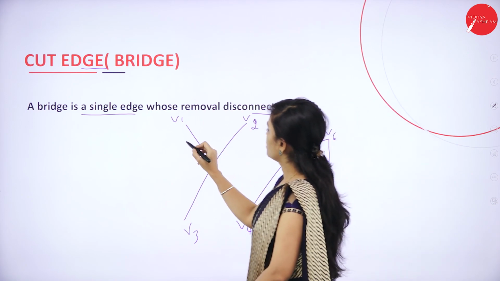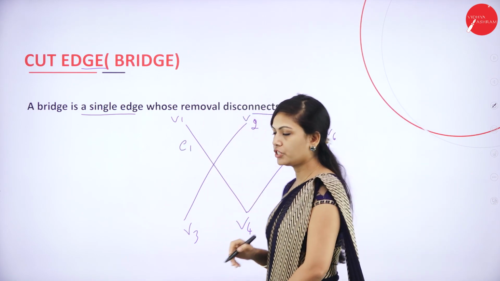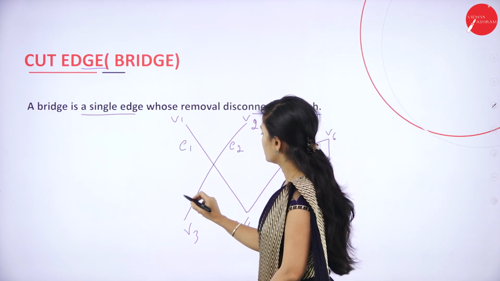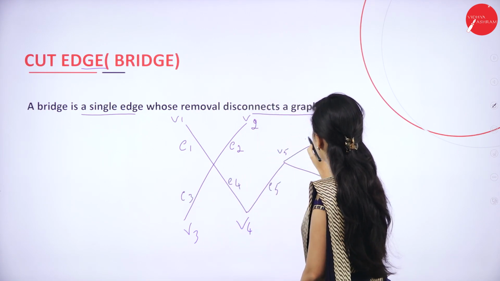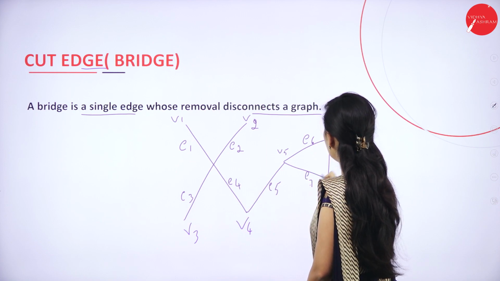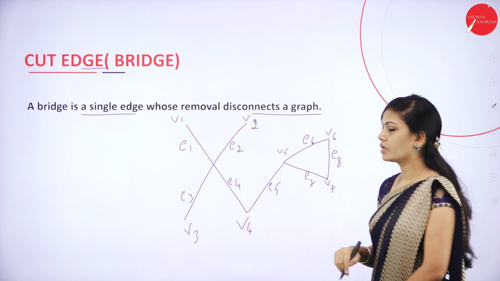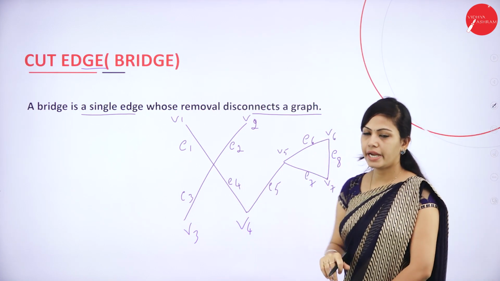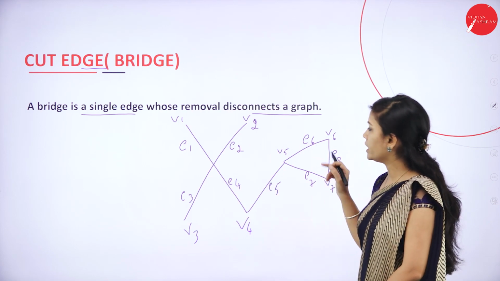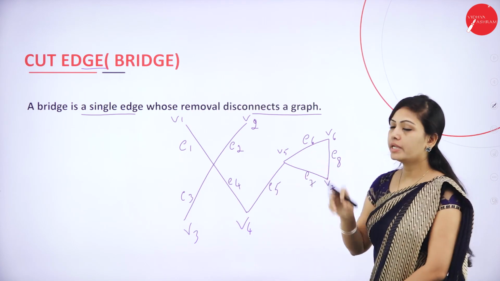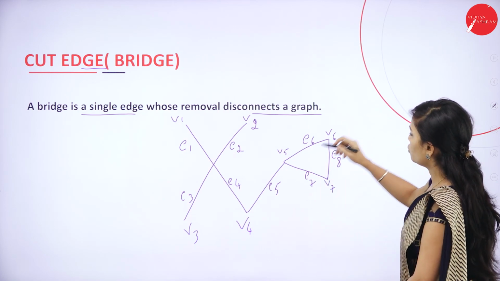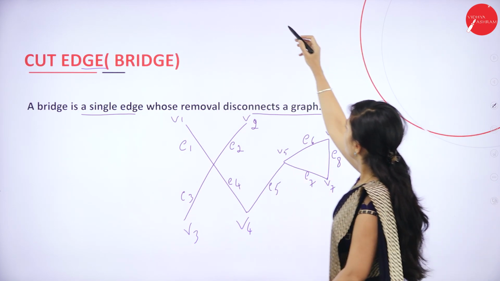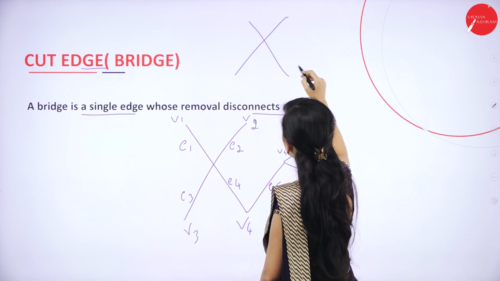Now the edges E1, E2, E3, E4, E5, E6, E7 and E8. Here we have 8 edges, E1 to E8. Now I'll remove one edge. If you want, you can remove many edges. Now I'll remove this edge. So it will become a disconnected graph.